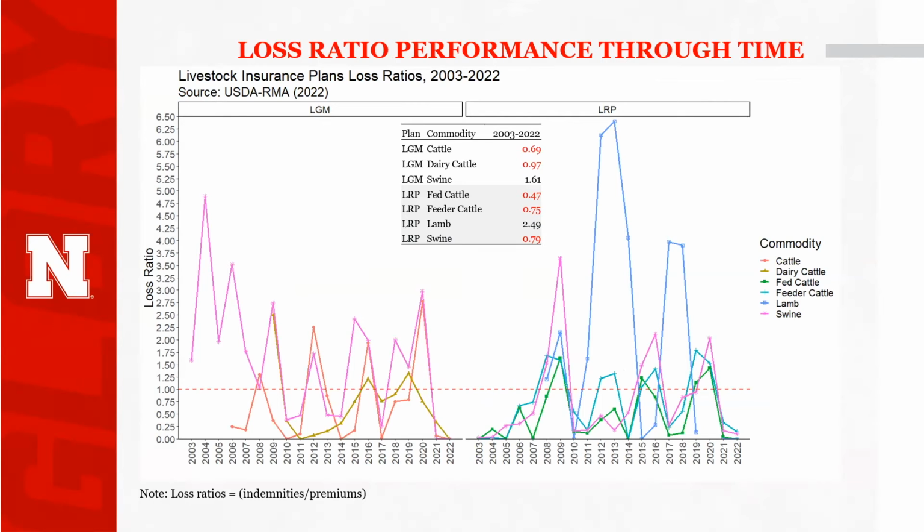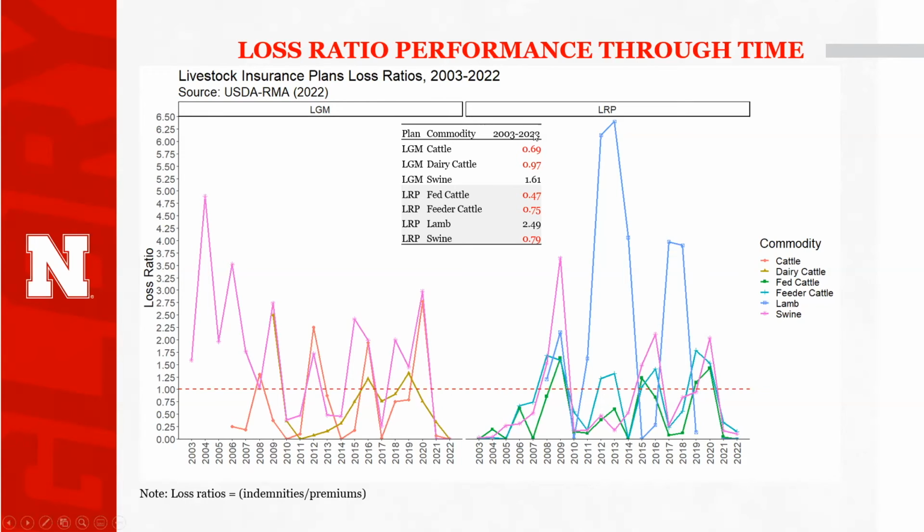And premiums are what we end up paying to the government to provide that risk protection. We want it to be approximately 1. That would be a fair insurance product. If it's over 1, that means we receive more indemnity, or more money back, than we actually paid in. If it's less than 1, it's actually hurting the producer, and so we wouldn't want to use that.